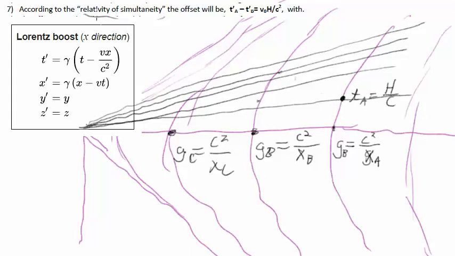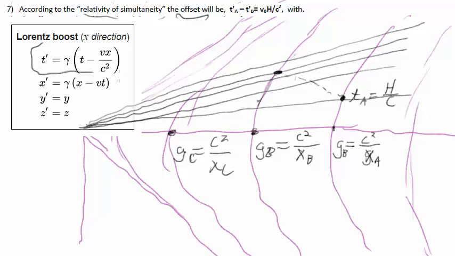But according to the relativity of simultaneity, the offset, well, what offset are we talking about? Are we talking about the offset between the reading here and the reading there? It would really depend on how long that acceleration goes on and all that other stuff.